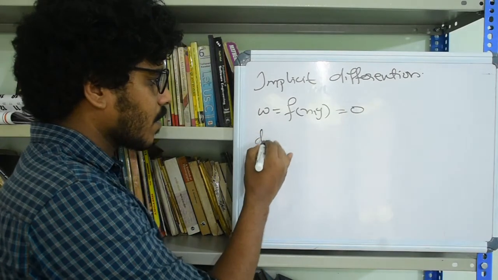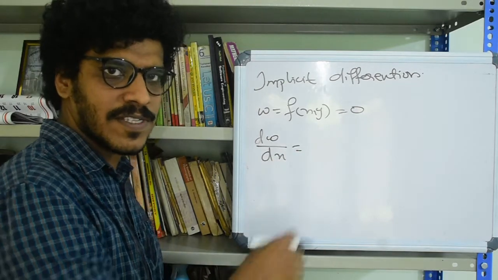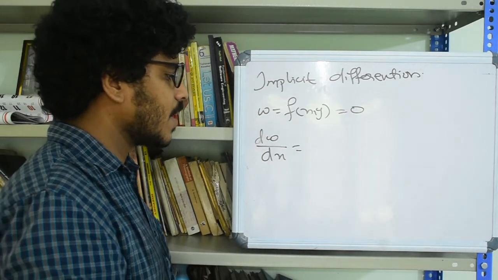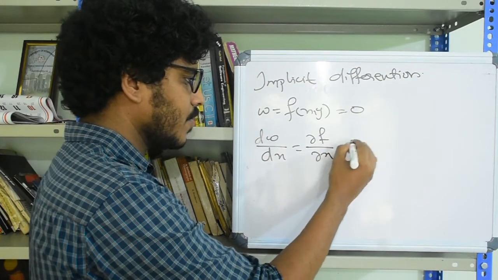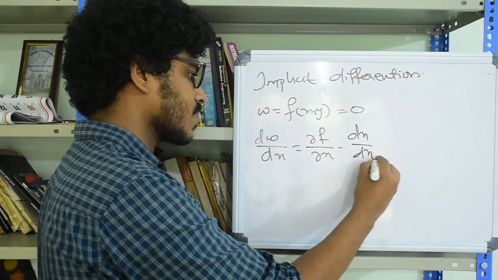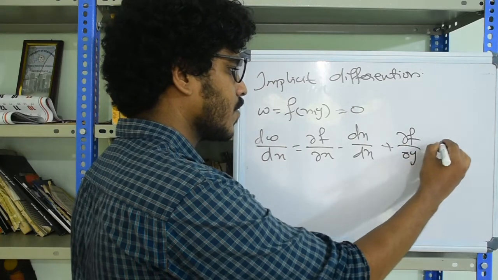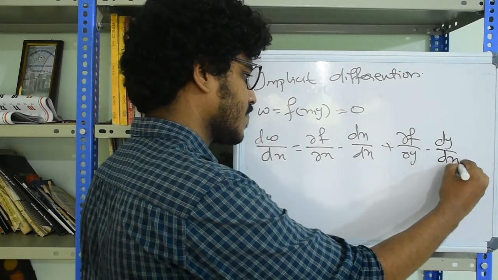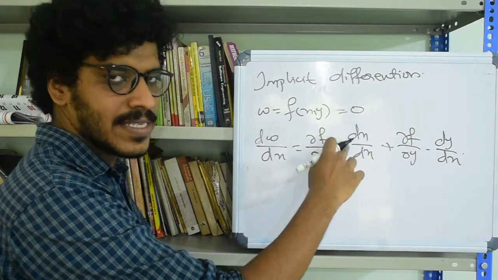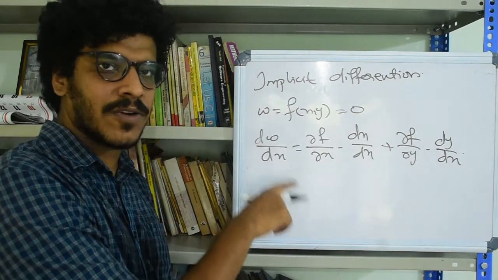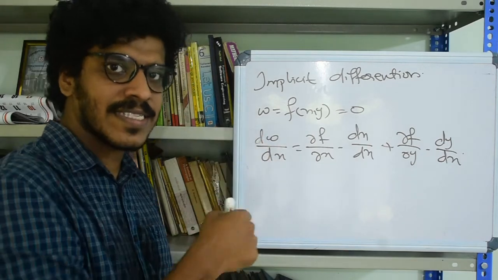So what is dw by dx, using the concept of chain rule which we were discussing so far? dw by dx is dou f by dou x into dx by dx plus dou f by dou y into dy by dx. Since the only independent variable here is x, if you have any doubt, you may refer to the part of chain rule for a single independent variable from today's session itself.